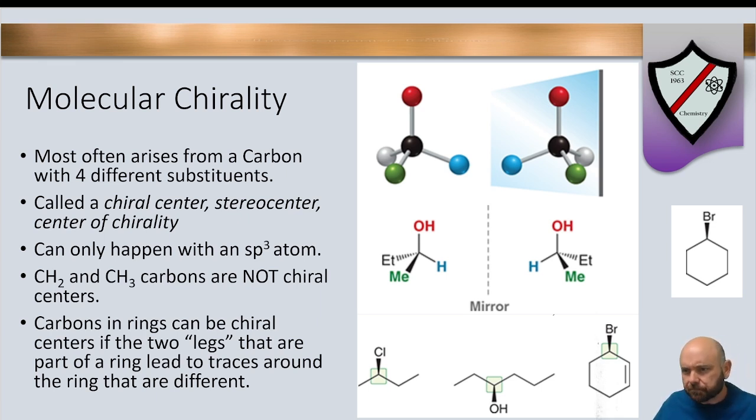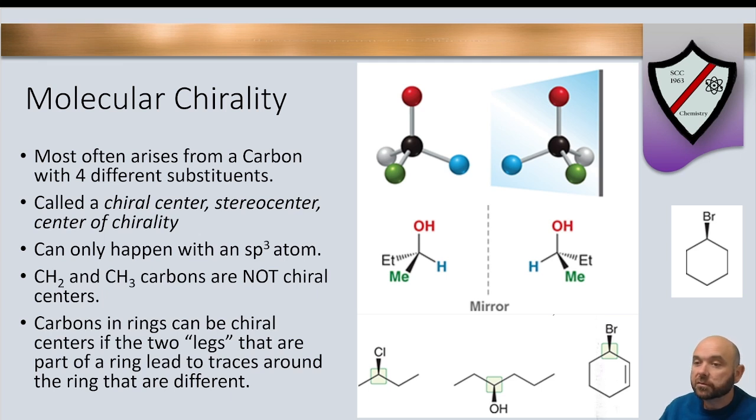We have an alcohol, and we see that the central carbon there is a chiral center or center of chirality because there are 4 different groups bonded to that carbon. There's a methyl group, an ethyl group, an alcohol group, and a hydrogen.